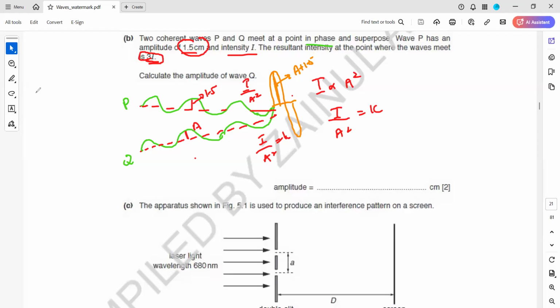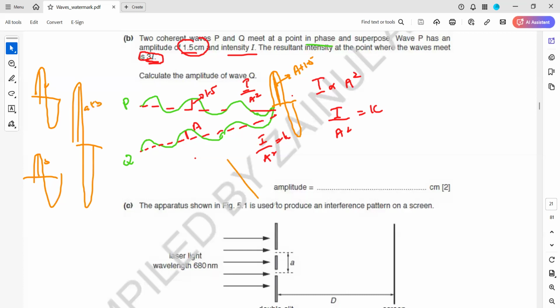When two waves are in phase, if this distance was A and this distance was B, the resultant amplitude is A plus B, the sum of the two. So the total resultant amplitude will be A plus 1.5.